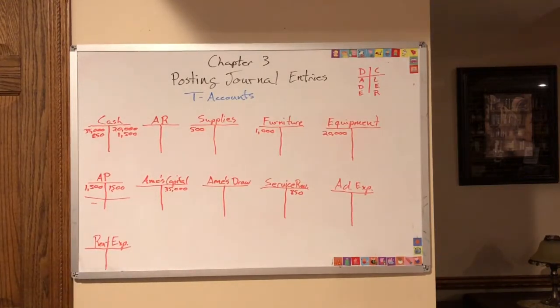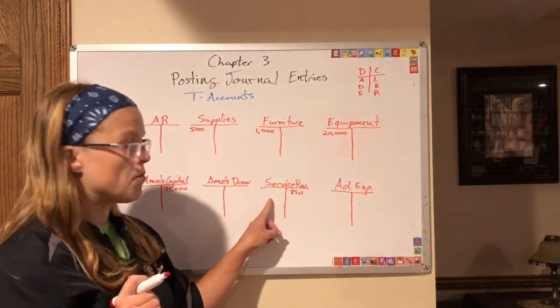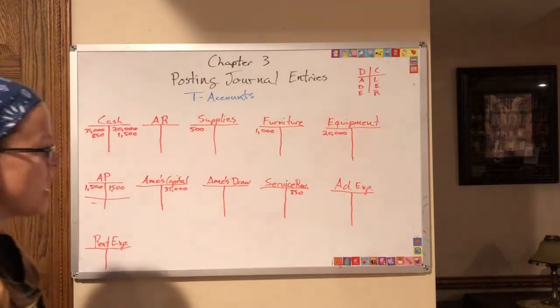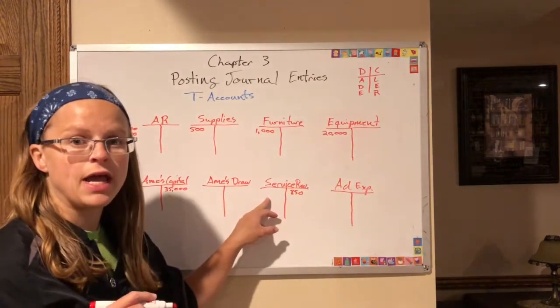Our next journal entry is we provide service for someone for $2,500. So Ann provides service.